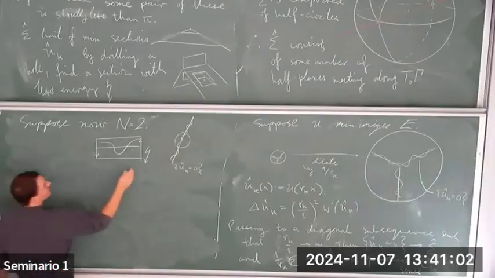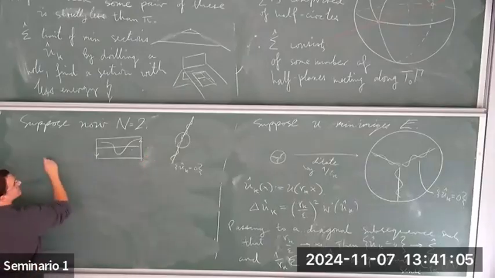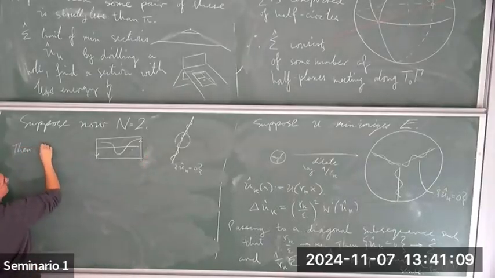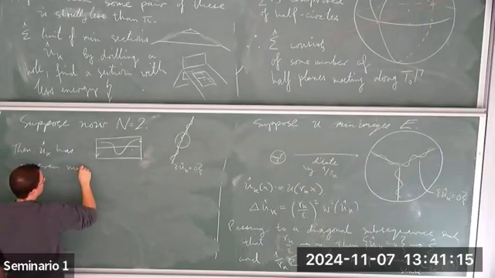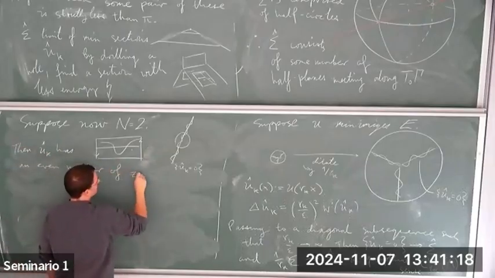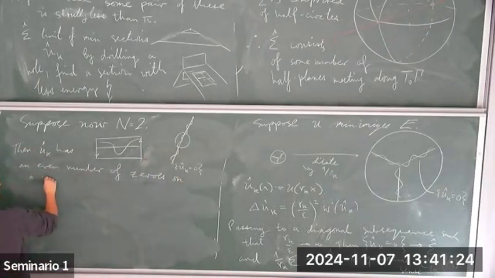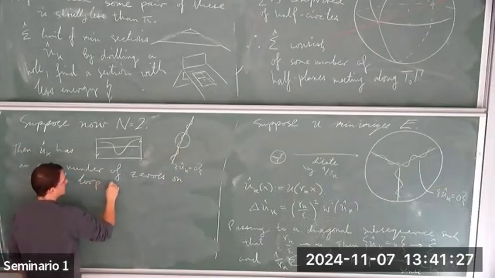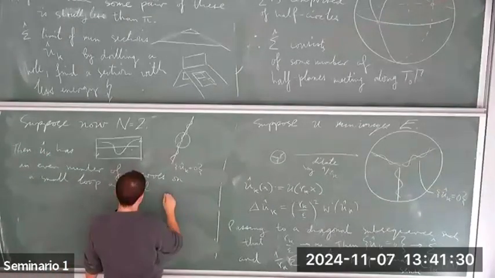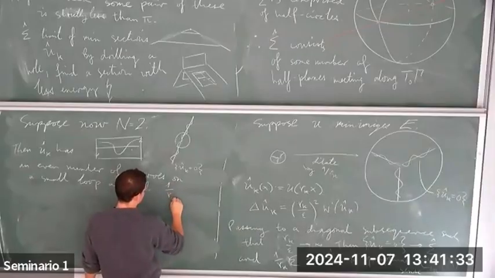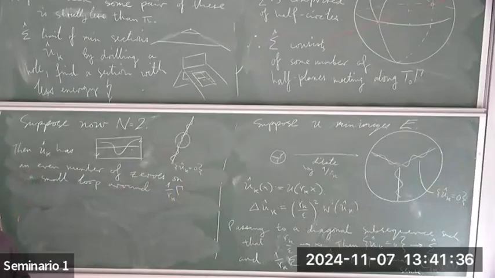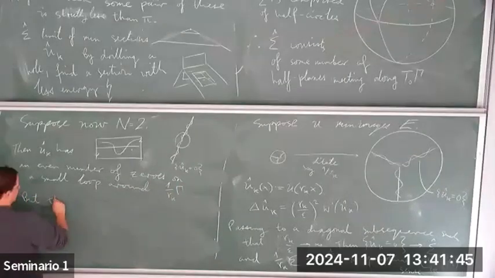Okay, so let's say this tells us that our section has an even number of zeros in the loop.